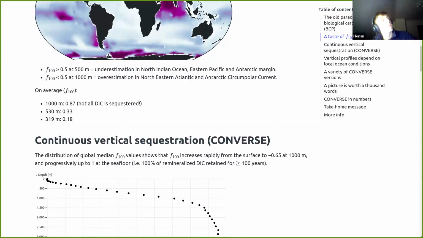Well, I would say that this approach is not implemented in current biogeochemical models, for modelers that look at the sequestration fluxes.